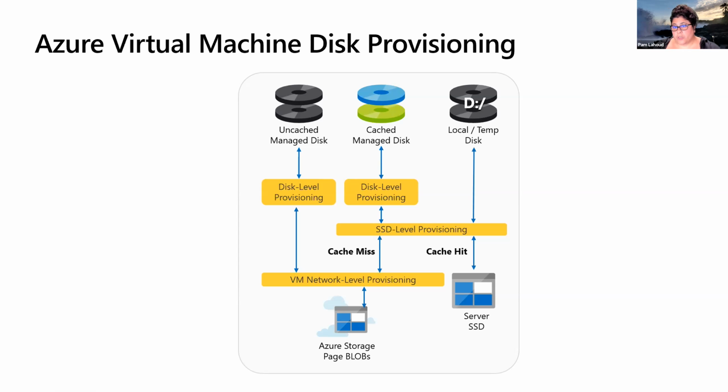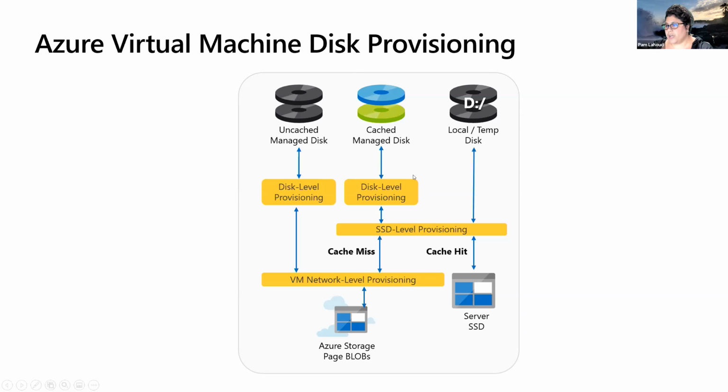If the IO request is able to leverage the cache, then you still go through the disk level provisioning, but you may hit the SSD rather than going to the network. It depends on whether you have a cache hit or a cache miss. If you have a cache hit, you only hit the SSD. If you have a cache miss, you have to go all the way through the network.